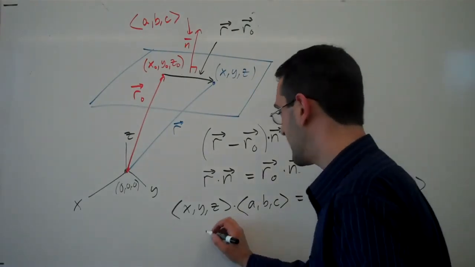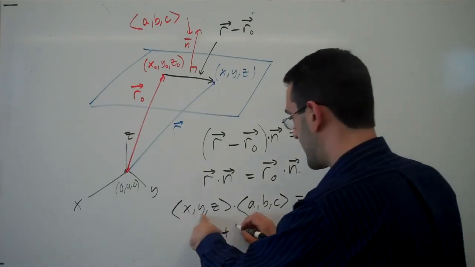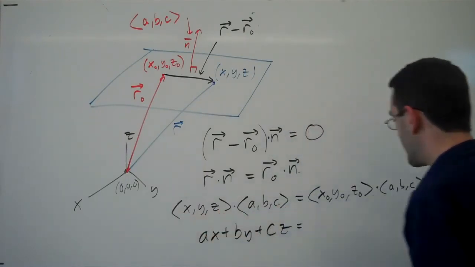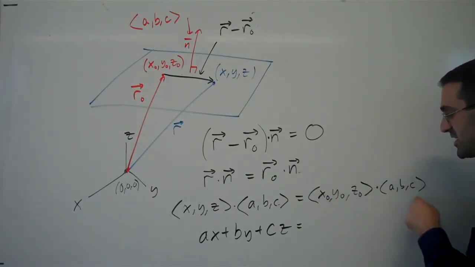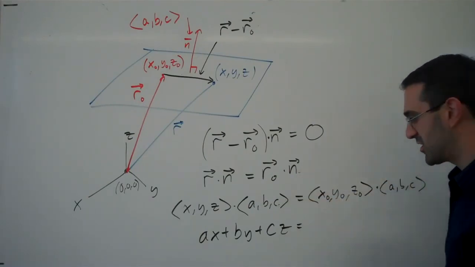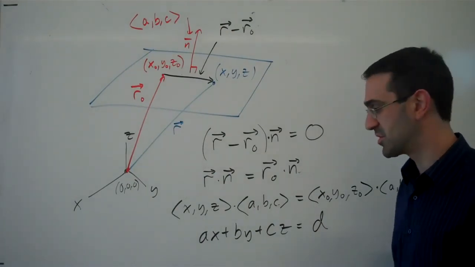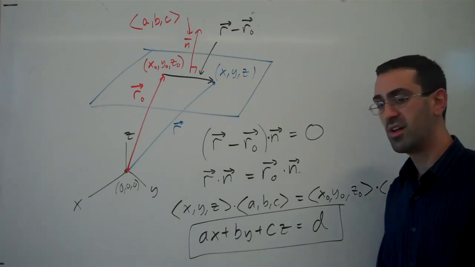And here we're going to get a times x plus b times y plus c times z. And over here, we're going to get a times x naught plus b times y naught plus c times z naught, which is all going to be a constant, and so we could simplify that all and just say it's equal to a constant of some sort. And this is the general scalar equation for a plane.